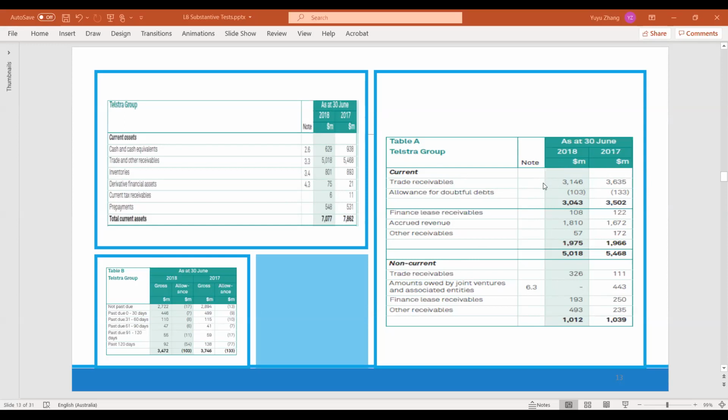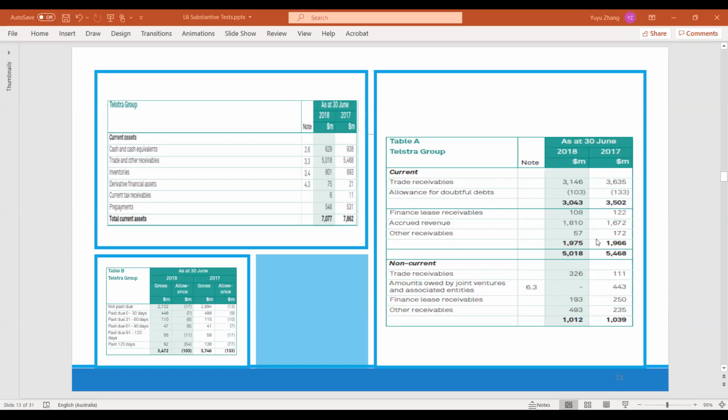Actually, for Telstra, it seems to be the monopoly business in Australia. How come they got receivables actually lower compared to last year? And if you notice this decrease in the trade receivables, what other accounts would you also have a look at?